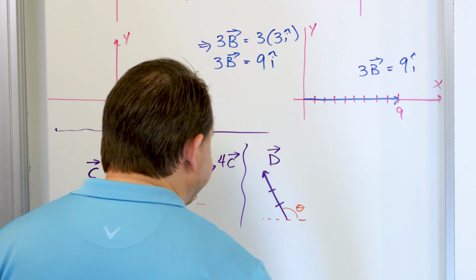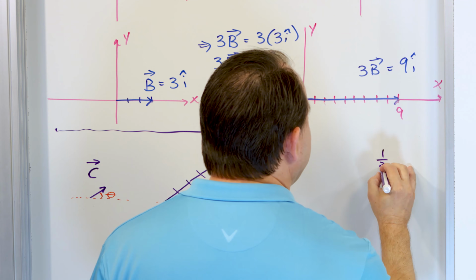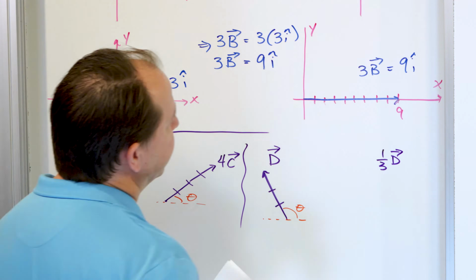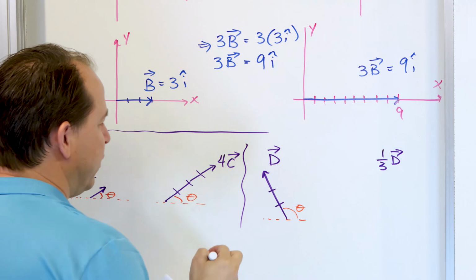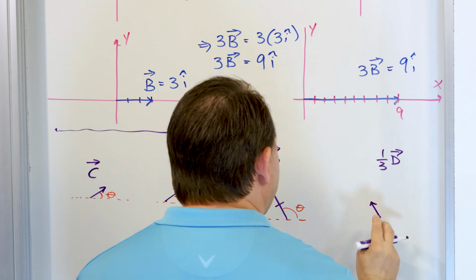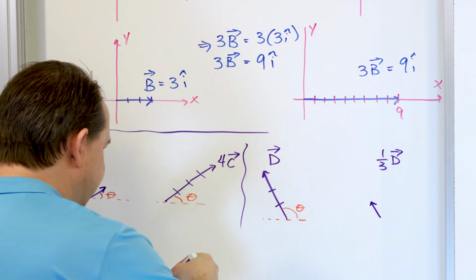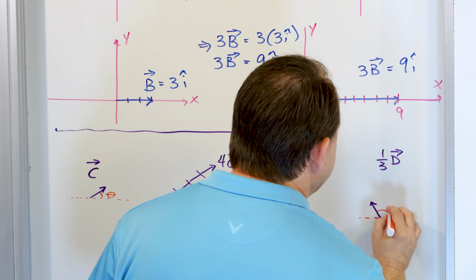And what if I took this vector, and what if I shrunk it by multiplying by 1/3 of the original vector D? What's that going to do? It's going to maintain the same exact direction, but it's going to be 1/3 of its original length. So it's going to be up like this, only 1/3 of its original length, but again, the angle is going to be maintained. So same exact angle.